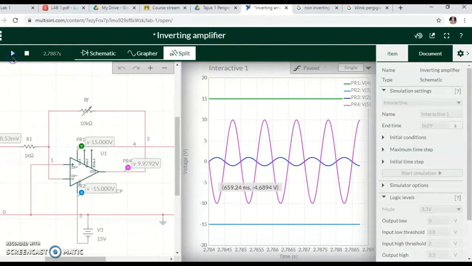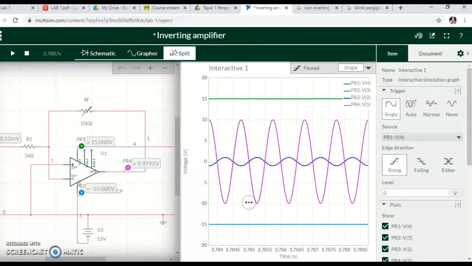Then pause. For RF 10 kilo ohm, the V out we get is negative 9.6600 volt. How do I get the gain? By doing V out over V in. We get the gain of negative 9.66.